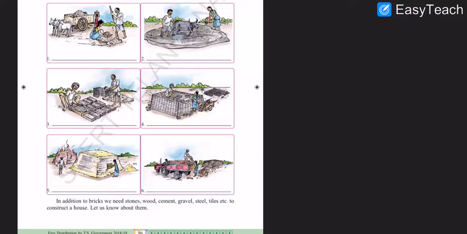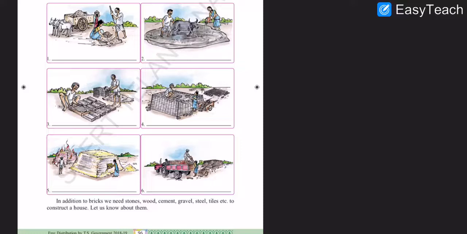So for bringing the materials like cement bags, we require a lorry. For bringing sand, we require a tractor. For bringing steel rods, we require a lorry or a tractor.